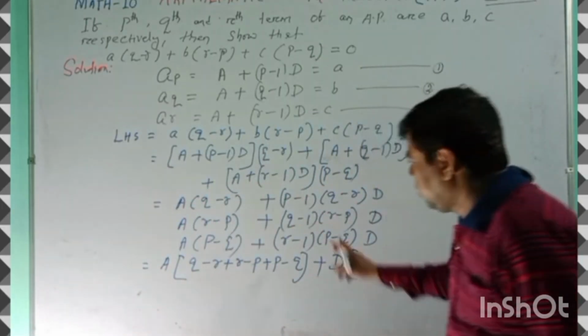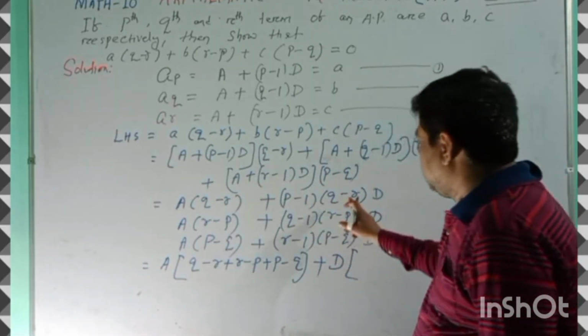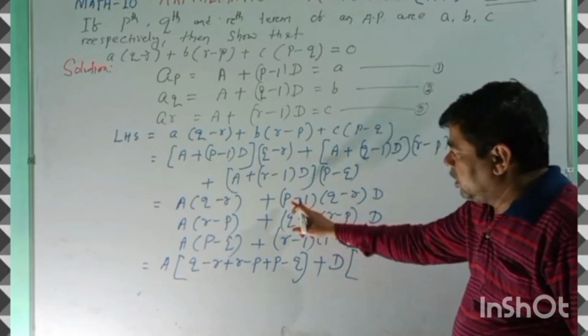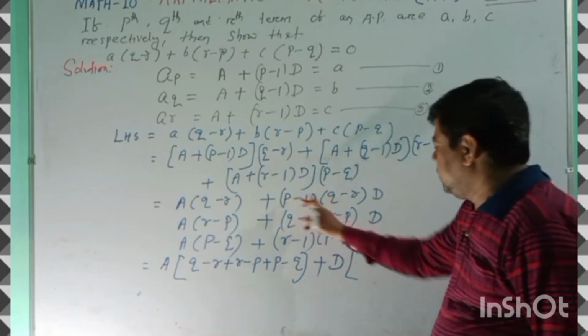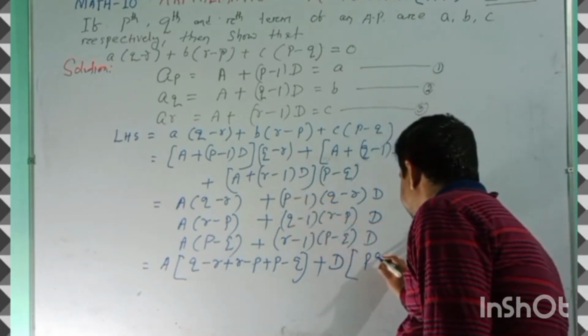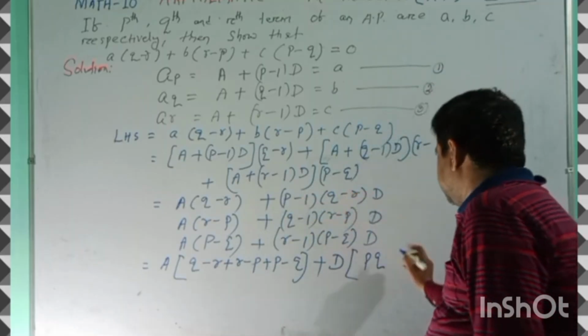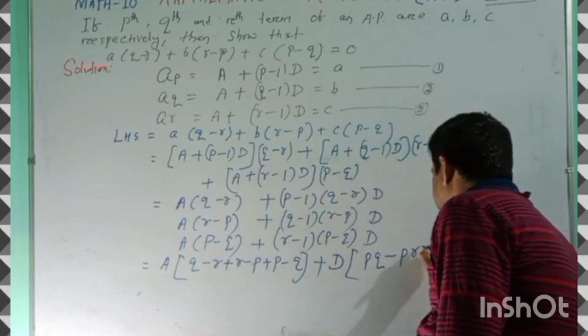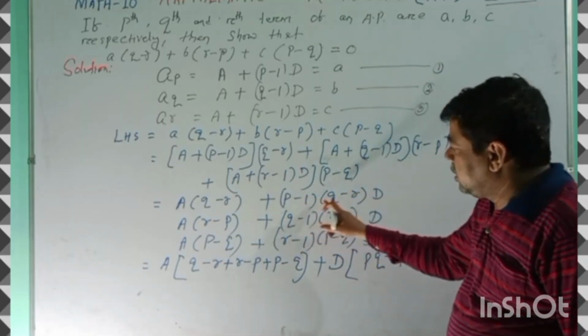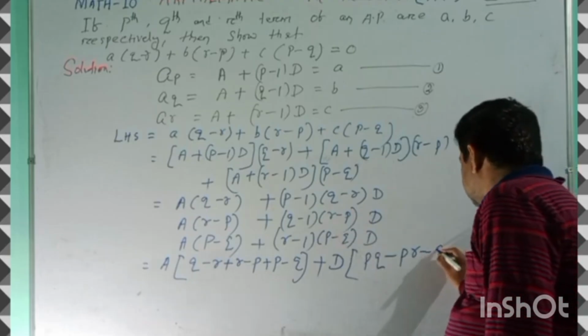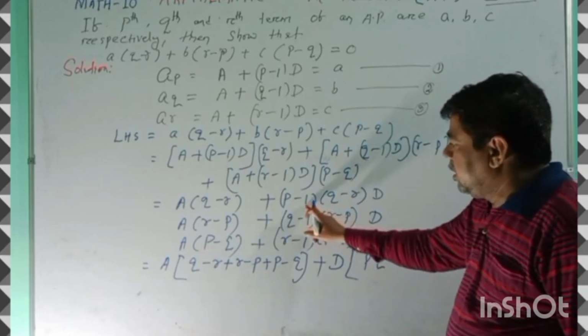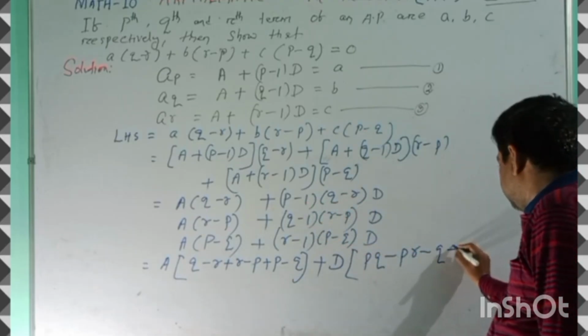After that, write (p minus 1) into (q minus r). Here you can multiply p into q, which is pq. Similarly, p is multiplied with minus r, which is minus pr. And minus 1 is multiplied with q, which is minus q. Okay. And minus 1 is multiplied with minus r, which is what? Plus r.